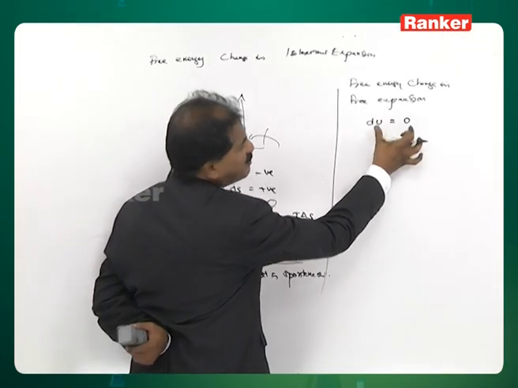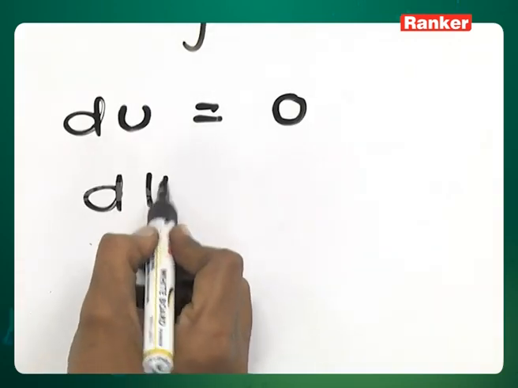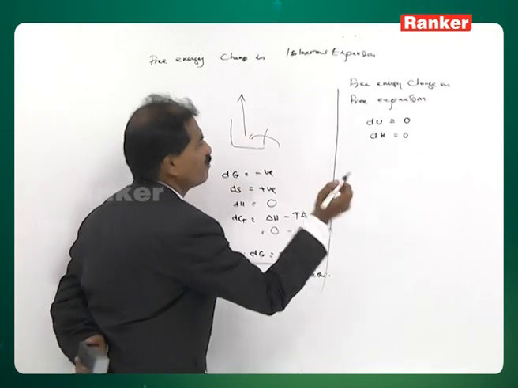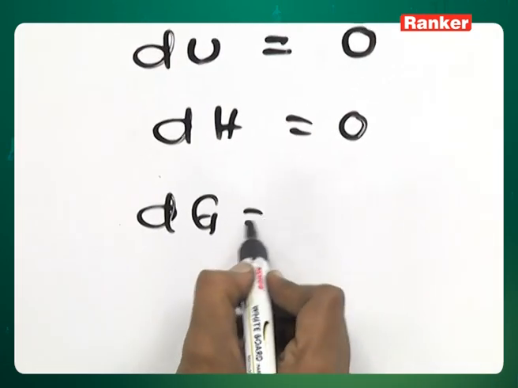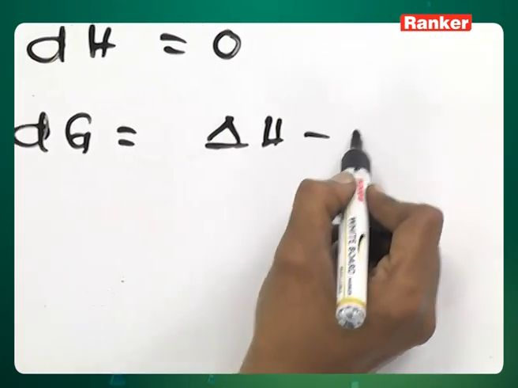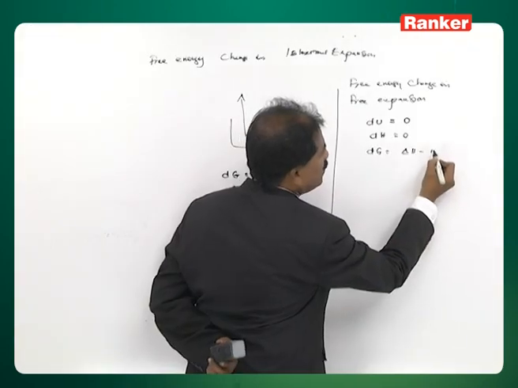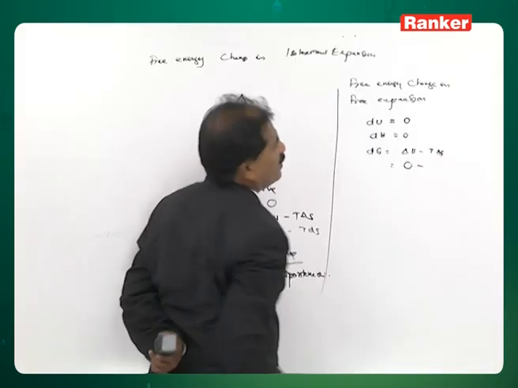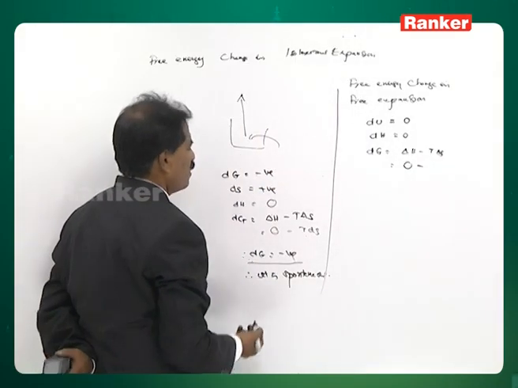Therefore, the internal energy change of the gas becomes 0. Next, the enthalpy change of the gas also becomes 0. The energy of the gas will remain constant. Next, according to the Gibbs free energy expression, del G is equal to del H minus TdS. Therefore, del H is 0. Next, what is the entropy change?